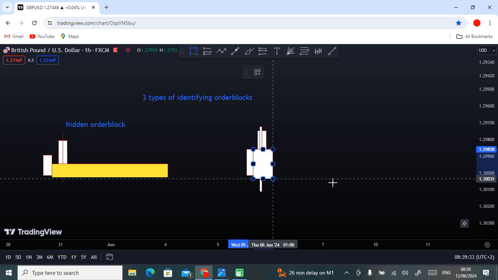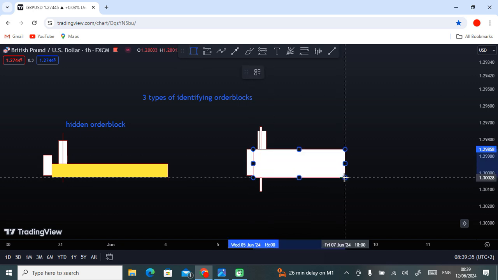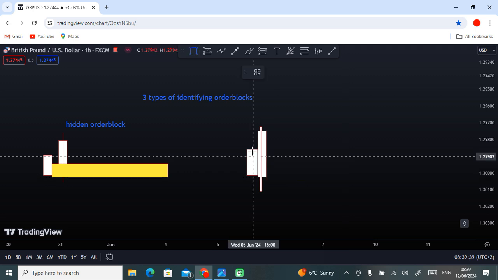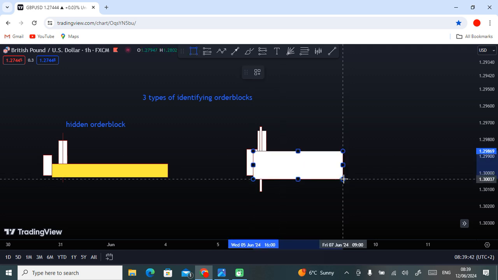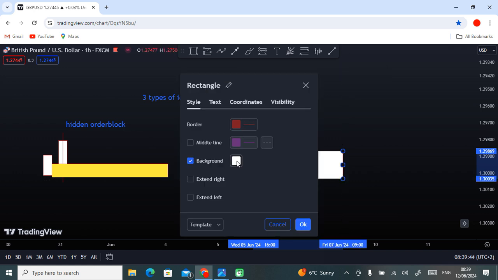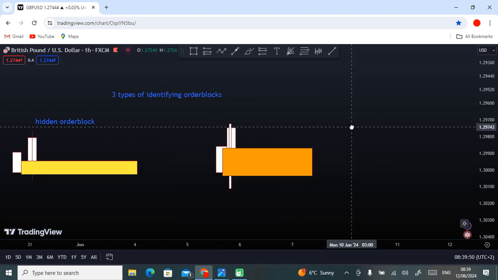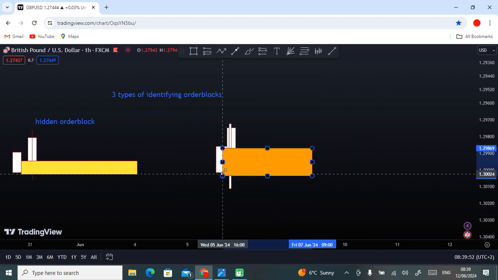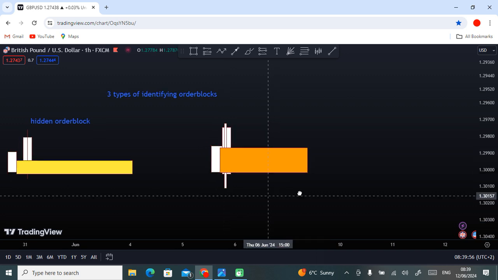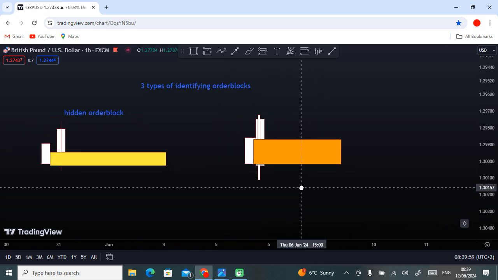So now we're going to mark this area as our order block. Let's change that one to any color. Then we're going to mark this one as our area.